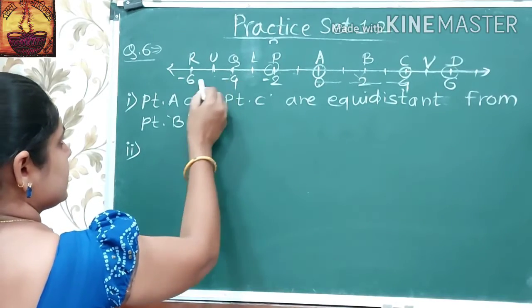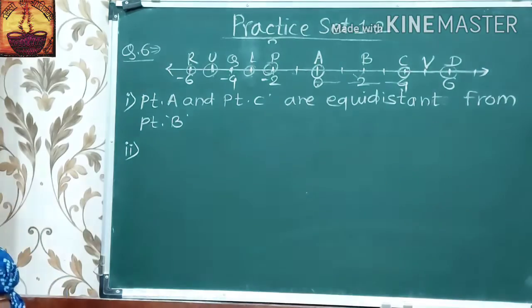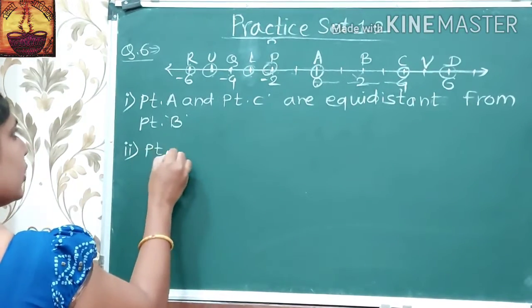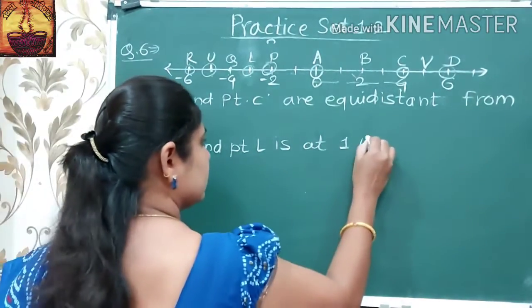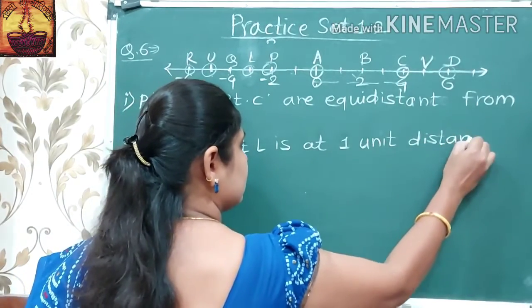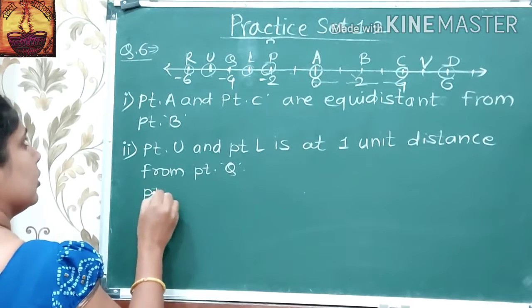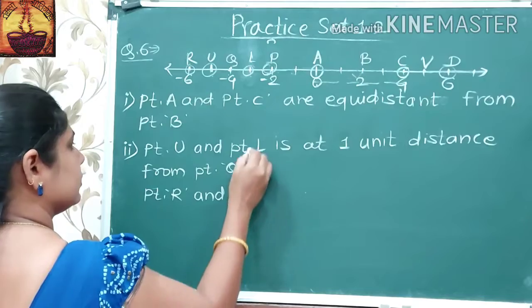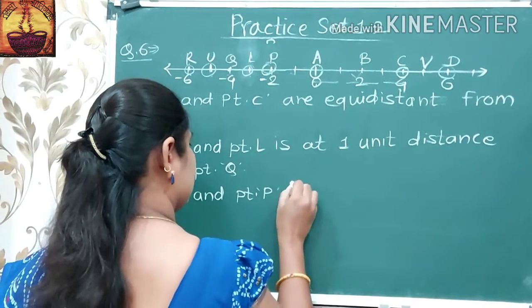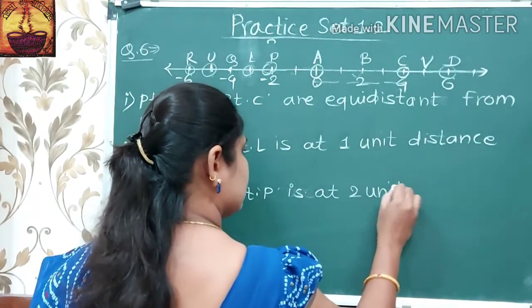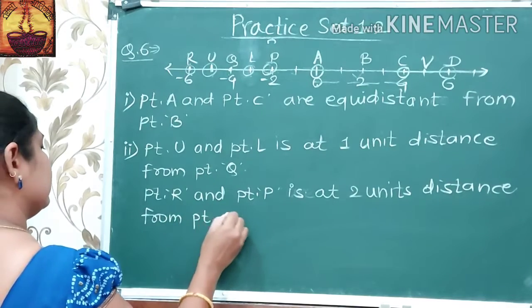From point Q, at 1 unit distance are points R, U and L, and at 2 units distance, points R and P. Therefore write the pair of points: point U and point L are at 1 unit distance from point Q, and point R and point P are at 2 units distance from point Q.